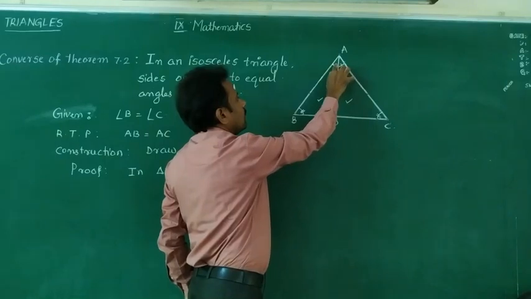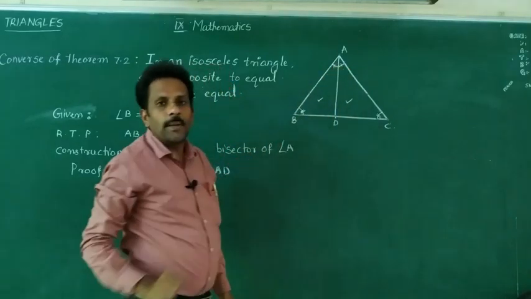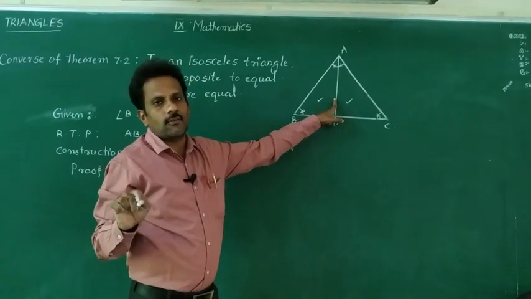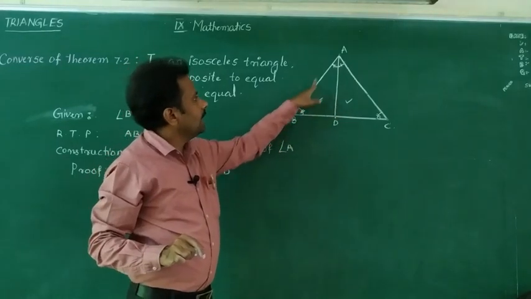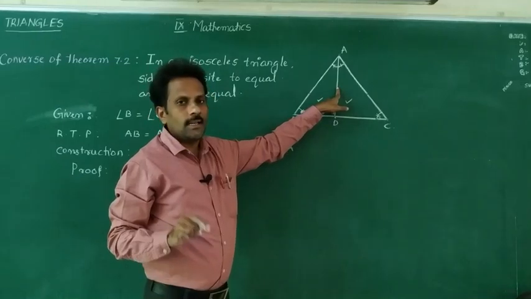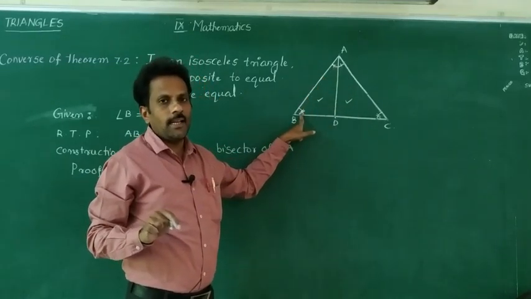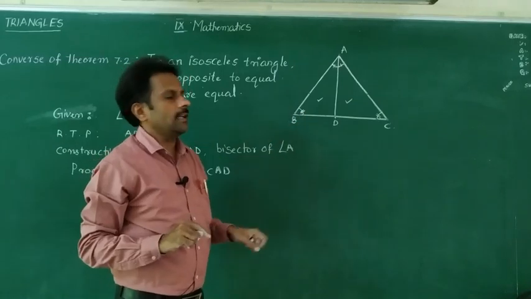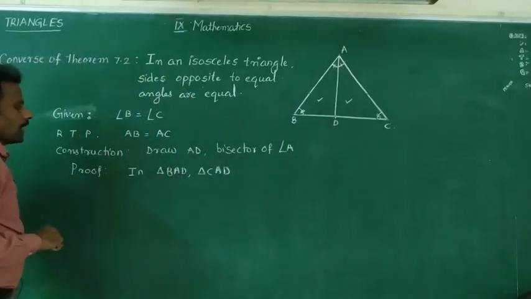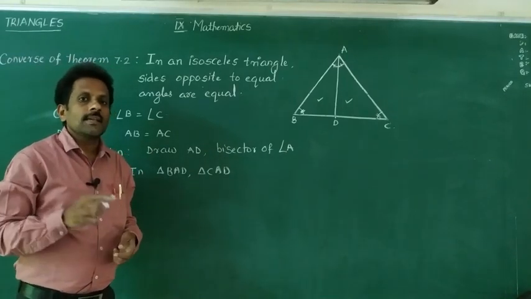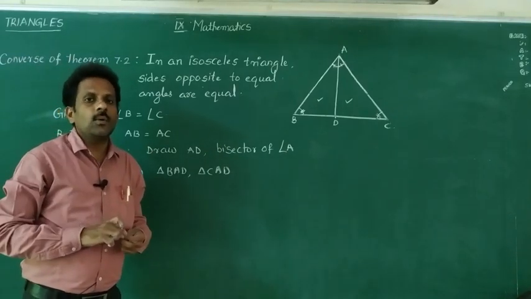So we have got two pairs of corresponding angles and one pair of corresponding sides equal. So that is angle, angle, side. Here the side is not included between the two angles. That's why we have taken angle, angle, side congruency. So AAS congruency holds true.